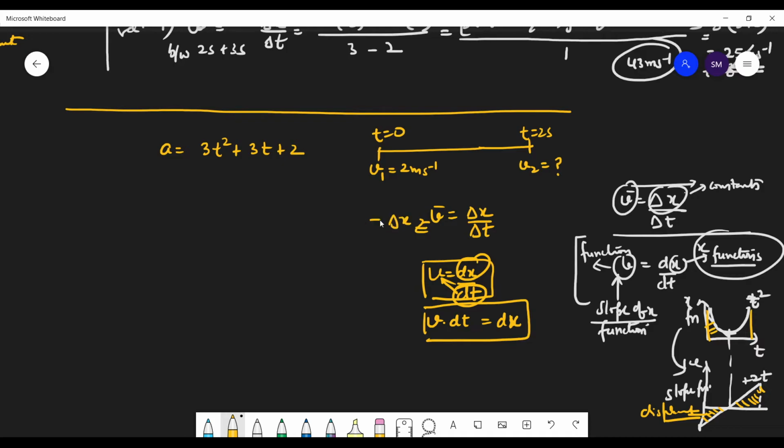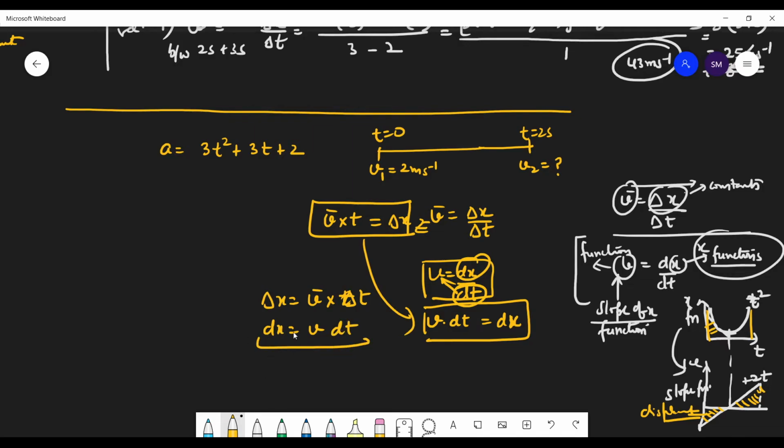Displacement will be equal to average velocity into time. Right? So the same is the formula here. So your displacement is equal to average velocity into time, that's the total time taken, of course. So here the same formula will become this, as this will become instantaneous, and this is dt.